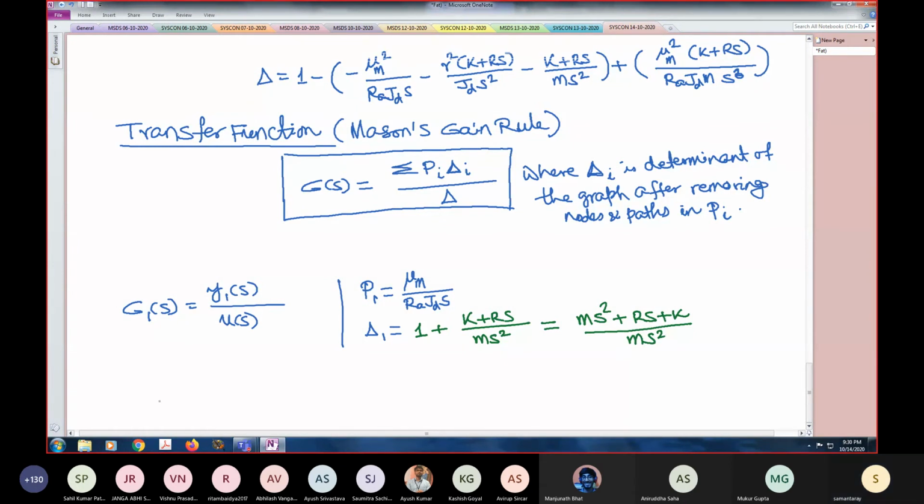G1(s) is equal to mu m by RAJD, multiplied by MS cube, this is MS square plus RS plus K, divided by delta. Delta is the remaining terms. So we will simplify that. The highest order is RAJD MS cube, so that also we will put.